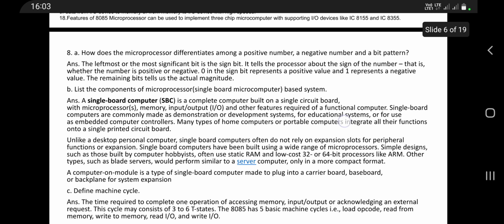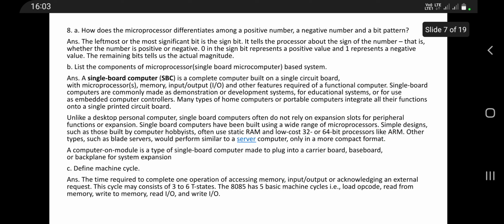Now the question given here is, list the components of a microprocessor based system. In the bracket you can see single board microcomputer. A single board microcomputer is a complete computer built on a single circuit board. It has the microprocessor, memory, input output and other features required of a functional computer.